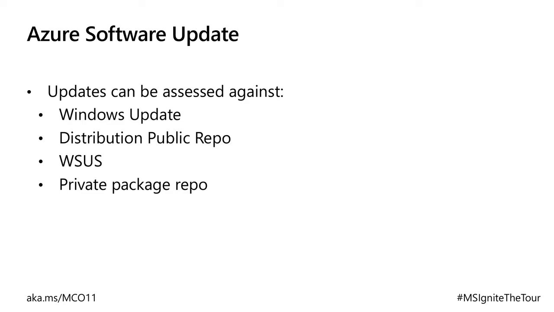Your updates are not just assessed against a public repository, they can be run up against, obviously, Windows Update, but you can also throw a WSUS server in there, and you can say, okay, I'm going to approve certain updates in WSUS, and then this will go and assess compliance against the updates that you've approved in WSUS. If you've got Linux, you can use a public repo, or you can create your own private package repo and then have it assessed against that.